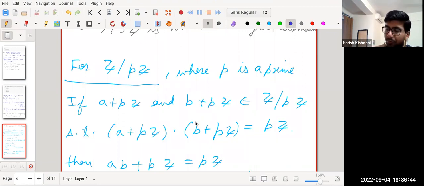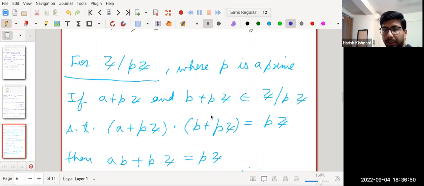Okay, so for Z modulo pZ, where p is a prime, suppose you have a plus pZ and b plus pZ, two elements of Z modulo pZ, such that their product is pZ again, which is the zero of Z modulo pZ.